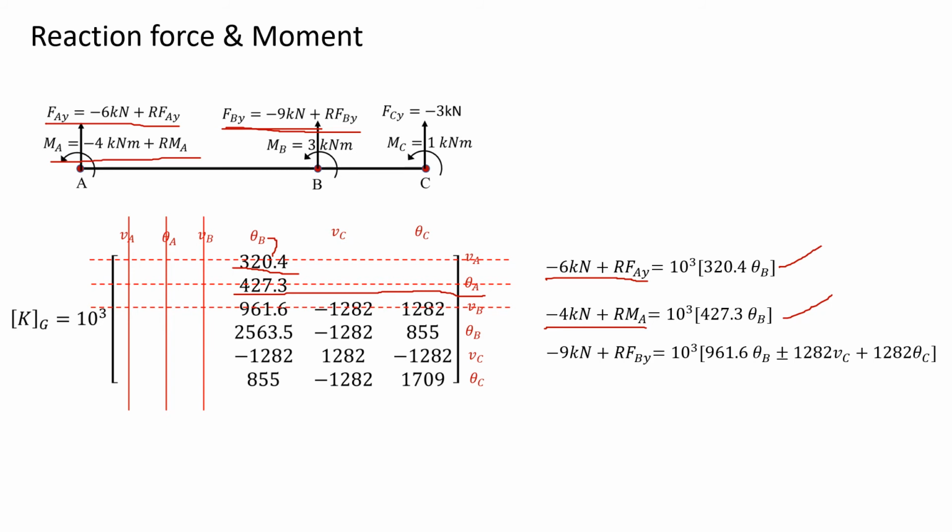To calculate the reaction force at point B, you must take all these values. The negative 9 kilonewton is coming from the distributed loads, the applied loads to the system. So we have to include this one so that you can solve the reaction at point B.